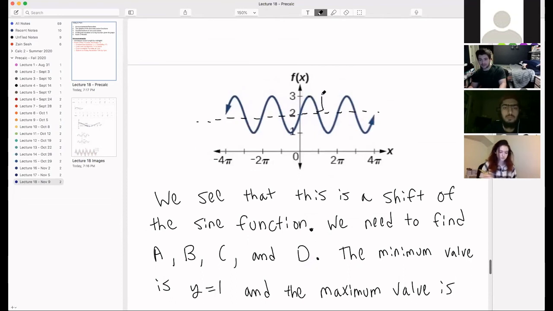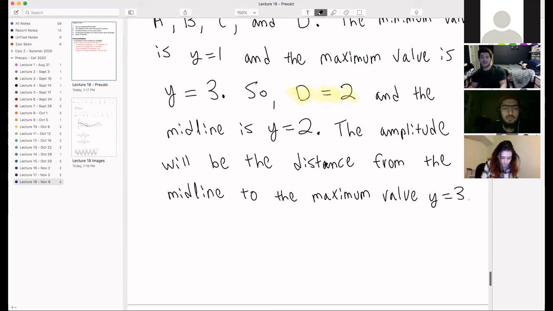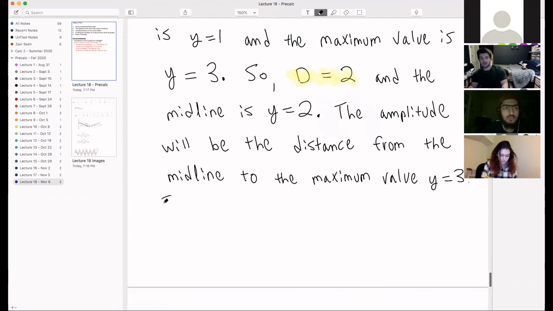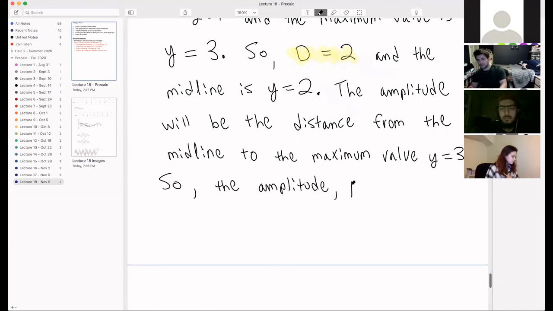What is this distance here? Well, that's just 1. So that's what the amplitude is. Another way to define it is the distance from the midline to the maximum value. So the amplitude, which is the absolute value of A, is 1. Okay, so far so good.